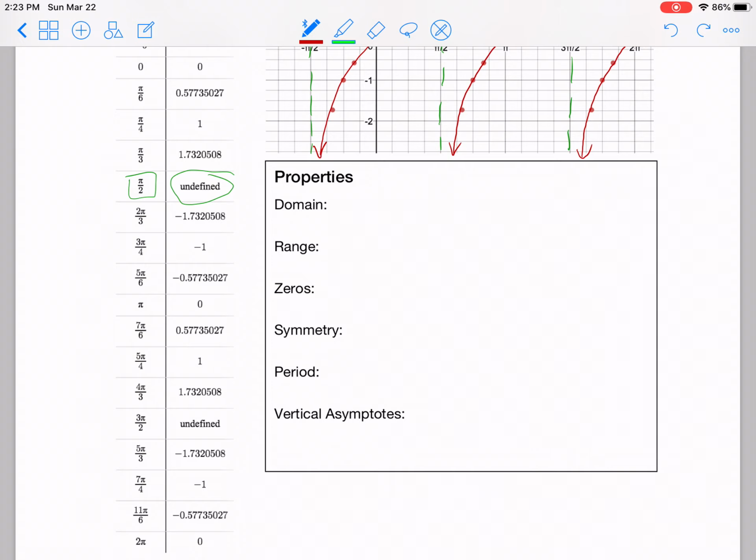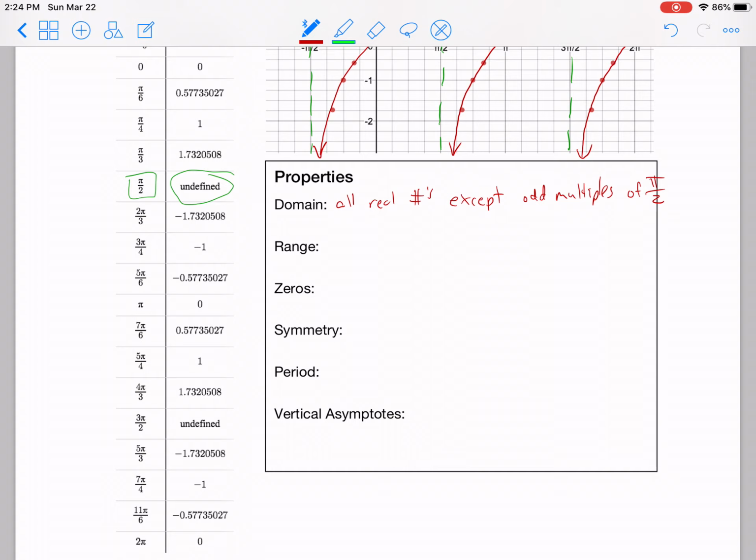So our domain here is all real numbers except the odd multiples of pi over 2.